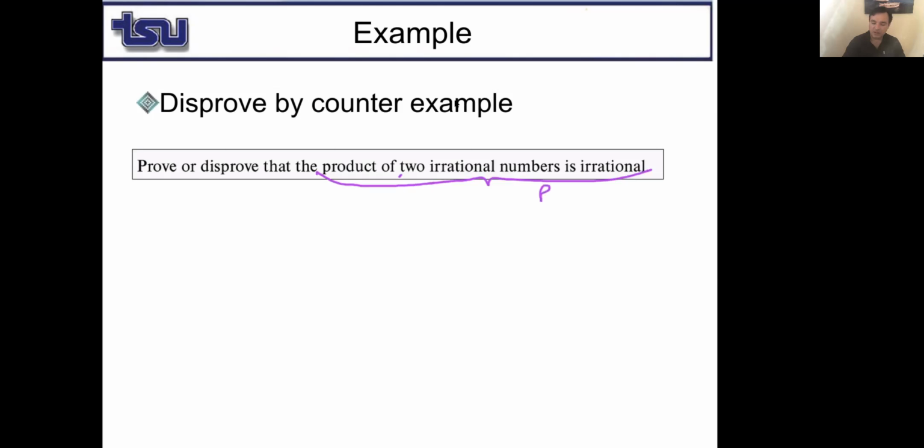That is P, okay? Well, I can easily show that. Think about two irrational numbers. For example, square root of 3, and multiply it with another irrational number, square root of 3, and then you get 3, right? This is irrational, this is irrational, but this is rational. So the product of two irrational numbers is not always irrational. So we had a counterexample that this statement is not true.